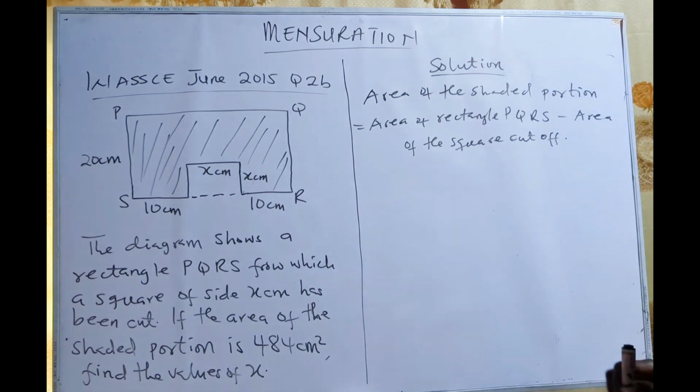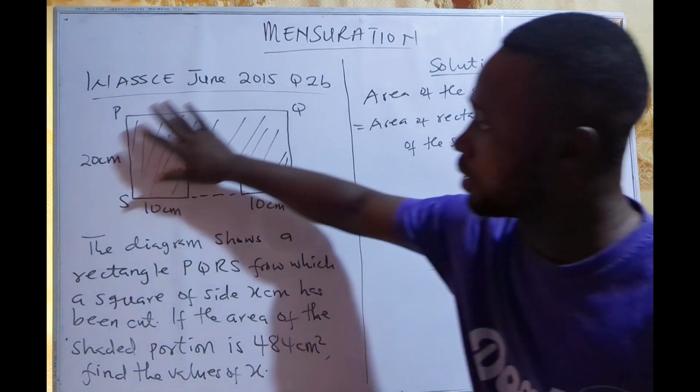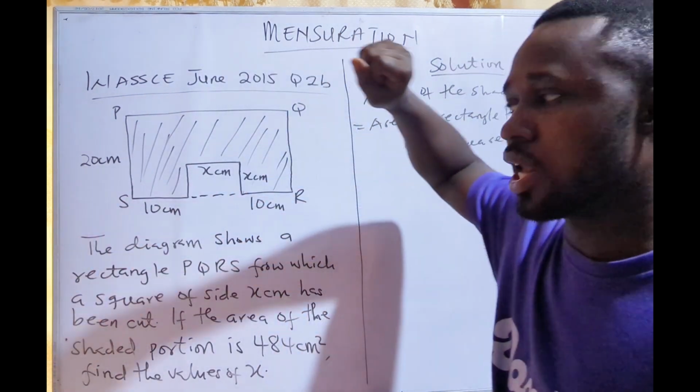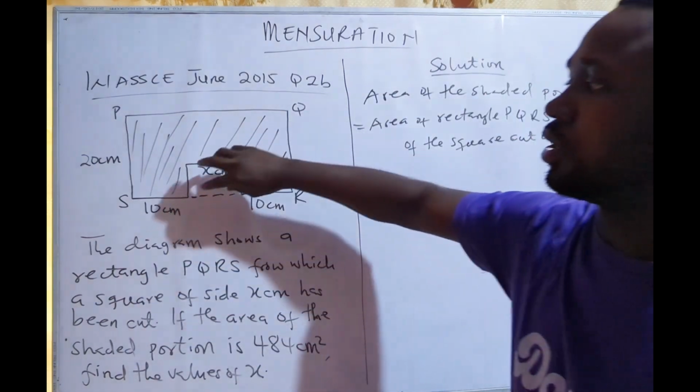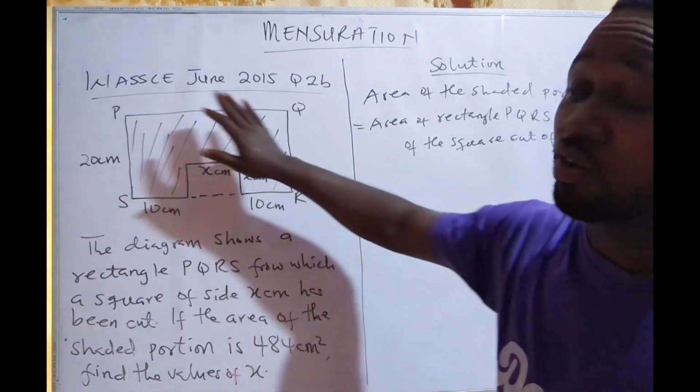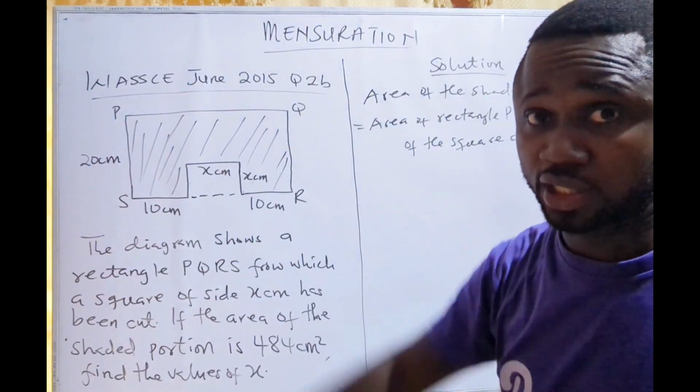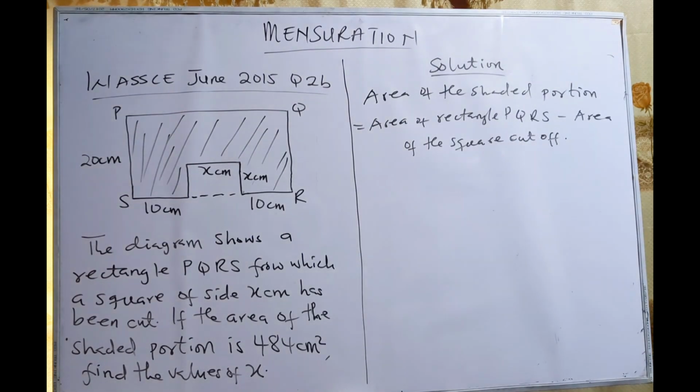So the area of the shaded portion is equal to the area of the rectangle minus the area of the square that has been cut off. If you remove the area of the square from the area of the rectangle, you get the area of the shaded portion. Is that okay? So simple.